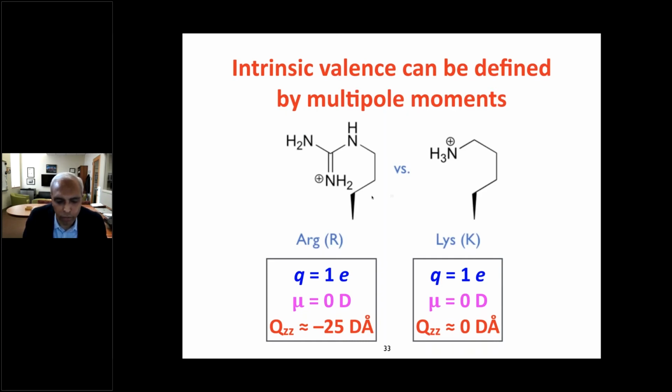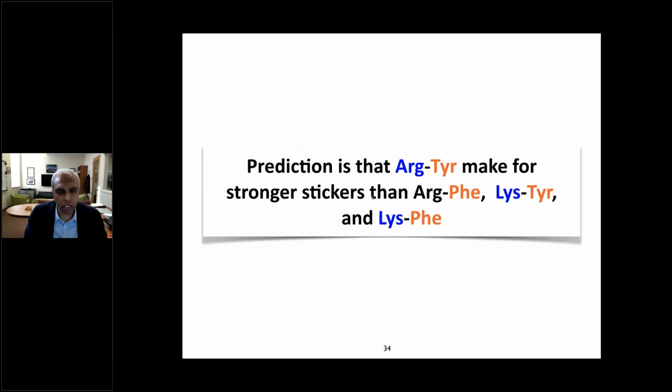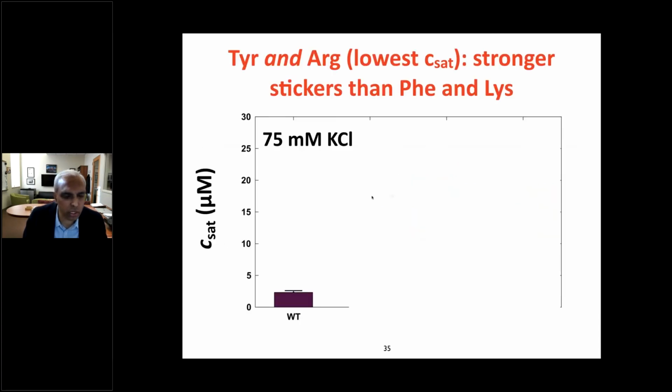These are all very rough numbers, culled from standard measurements of these quantities. But the prediction that would emerge is that if we were to substitute arginines with lysines or tyrosines with phenylalanine, we must weaken the driving forces for phase separation. And that's a prediction that's directly testable.